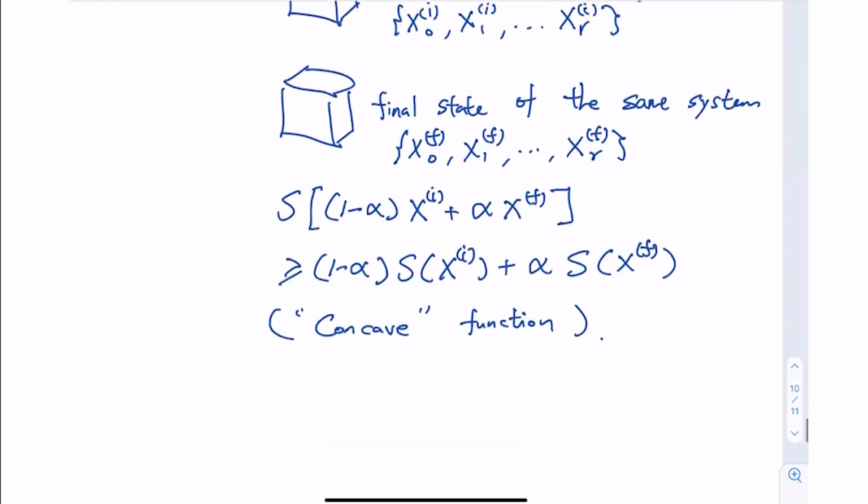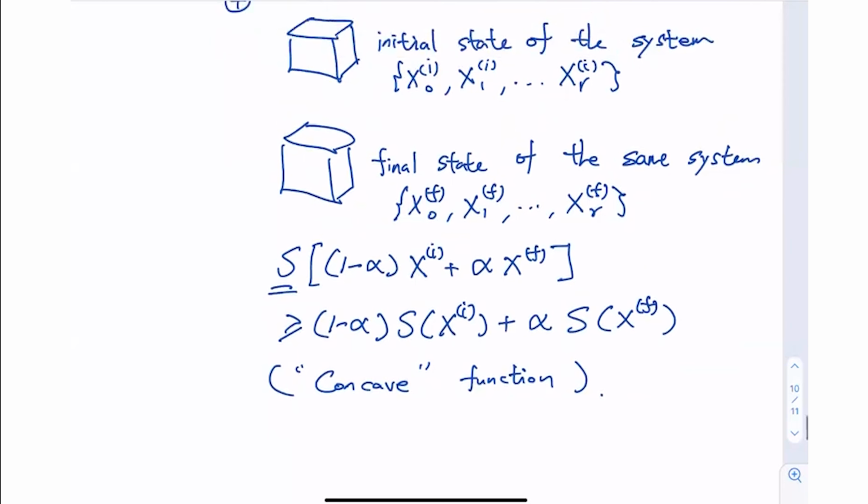So what do I mean by the expression here? Entropy should be a function of these extensive variables. Here xi just means that there are so many components of it. Let me try to be a little bit more specific about what I mean.